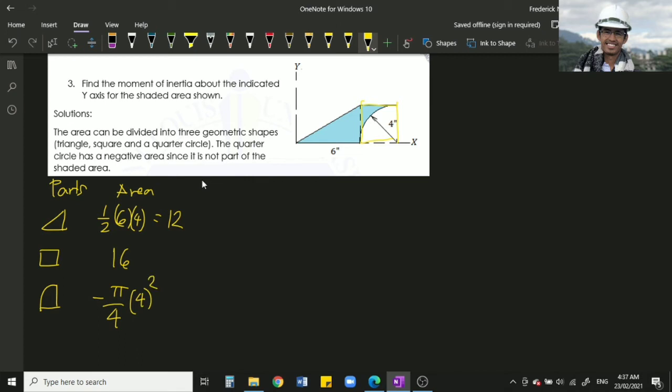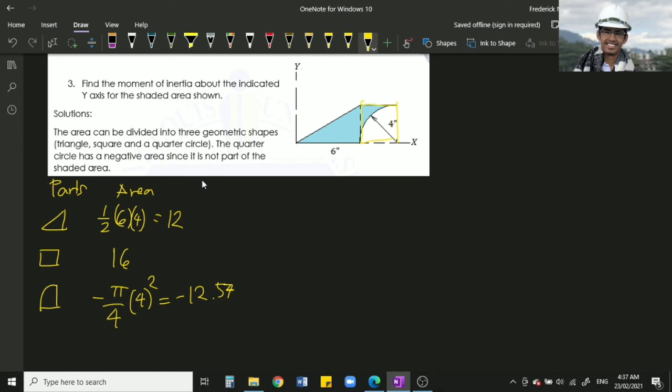Okay? So that is equal to negative 12.57. So yung area ng circle natin, di ba, class, is pi r squared. So i-divide natin ng 4, yun na yung area ng ating quarter circle, di ba? So that will be negative 12.57.